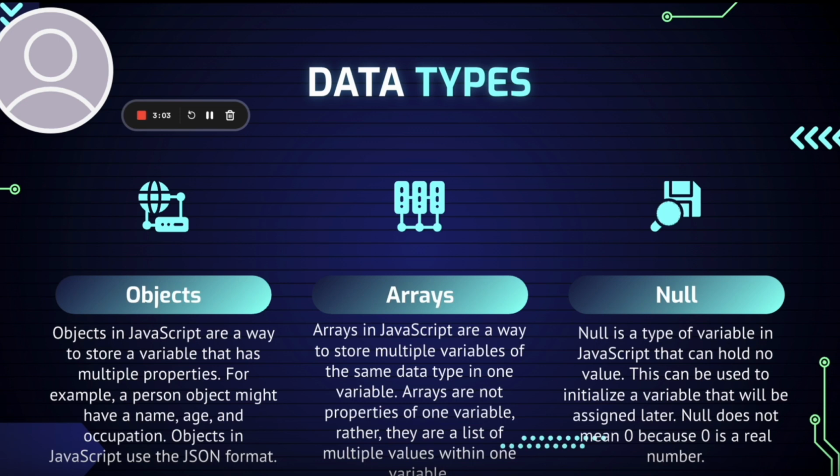Arrays are not the property of one variable, but rather they're a list of the multiple variables or multiple values within that one variable. Null is a variable in JavaScript that can hold no value. This means that you can initialize a variable that you can use later on. So null does not mean zero, as zero is actually a real number. It just means nothing.